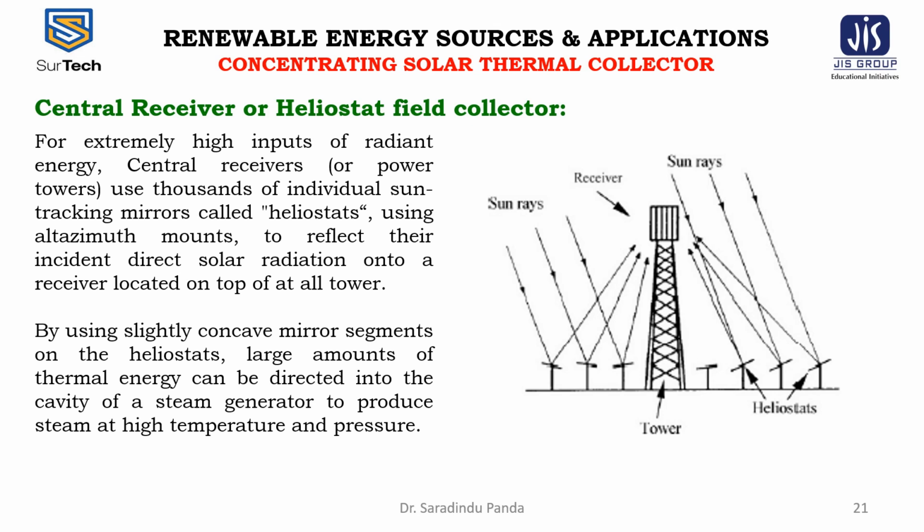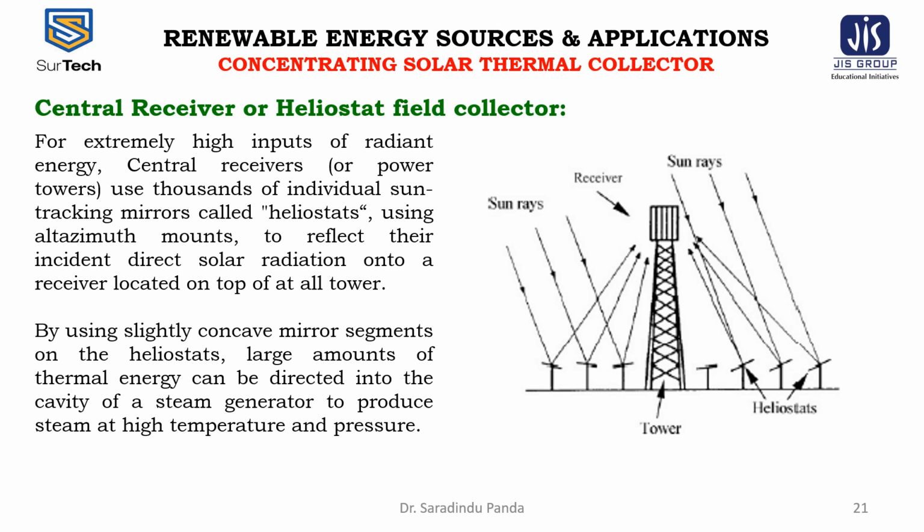By using slightly concave mirror segments on the heliostats, large amounts of thermal energy can be directed into the cavity of a steam generator to produce steam at high temperature and pressure.